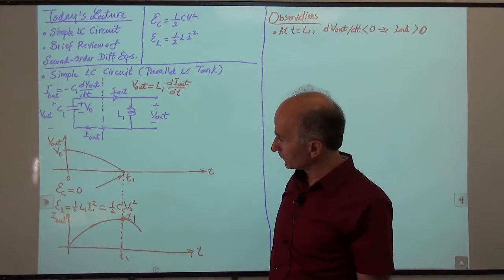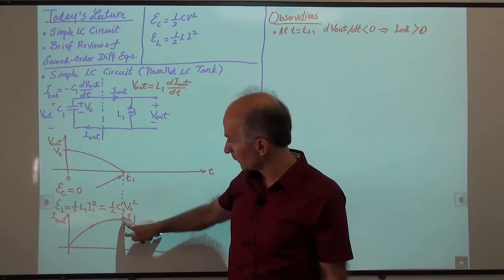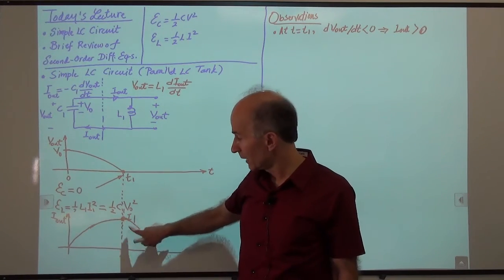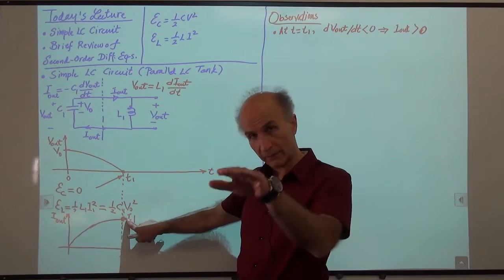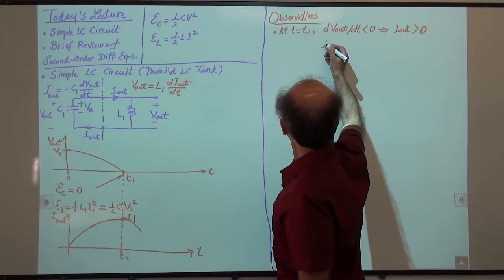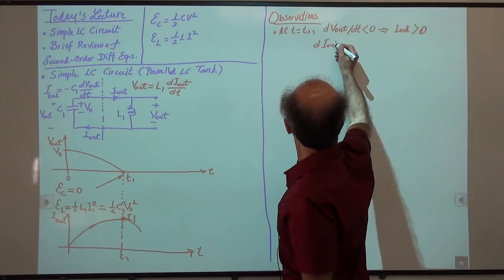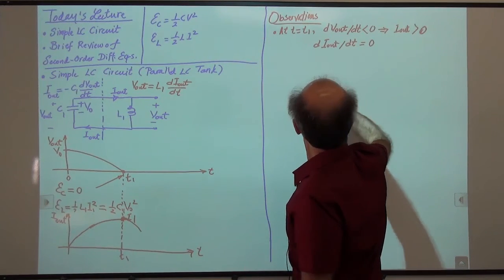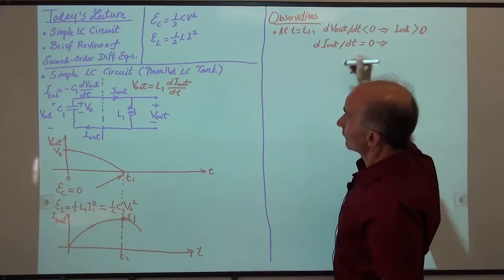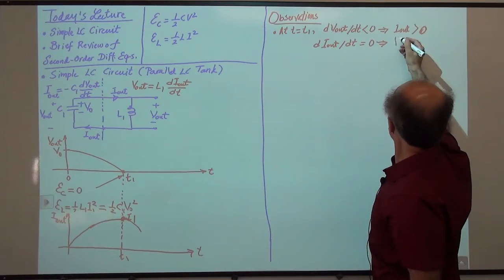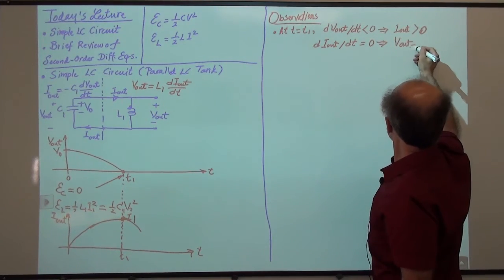Okay, now, at this point, what we see is that because I out has reached the maximum and is falling, the derivative of I out is 0. It's flat, right? So we say dI out over dt is 0. And that means from this equation that V out is 0.